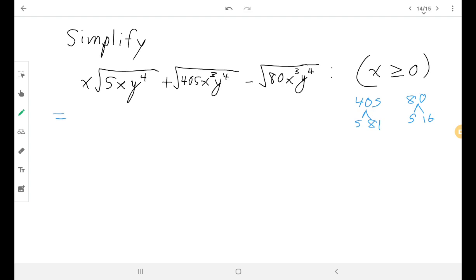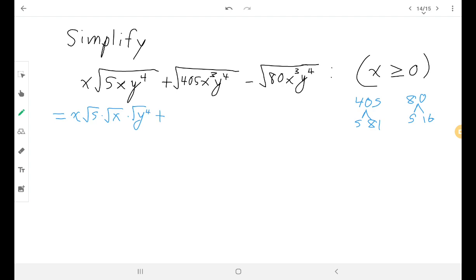So I can cancel the square root and the square. I'm also going to split all these multiplications up. So x times square root of 5 times square root of x times square root of y to the 4th. I'm going to have to squeeze all this in.